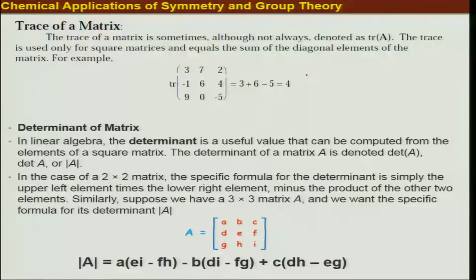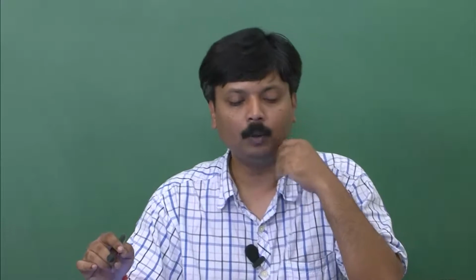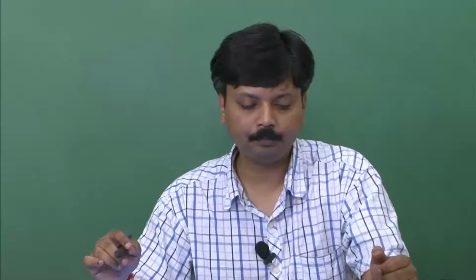Now, before we go to the representation of a group using matrix, we'll learn a couple of more things. One is the trace of a matrix. This is something which you will be using throughout the course henceforth, once we go to the representation.